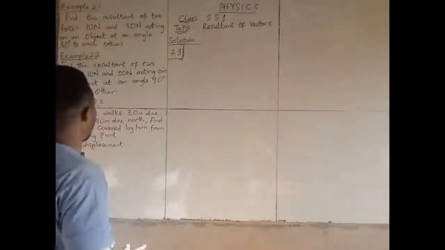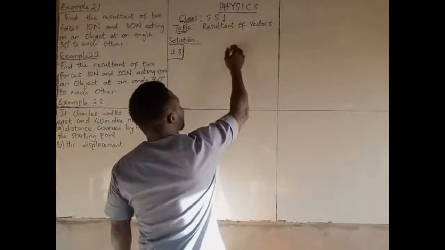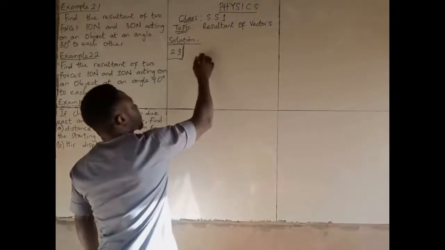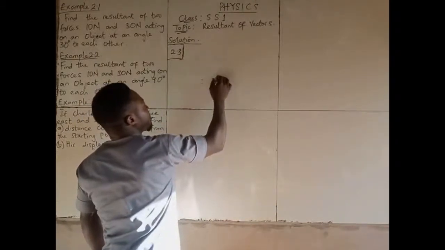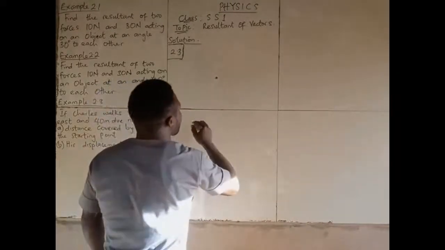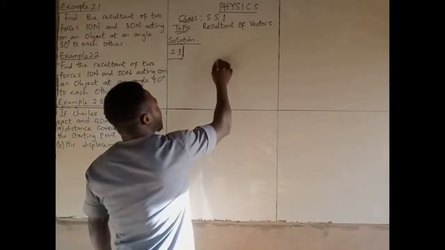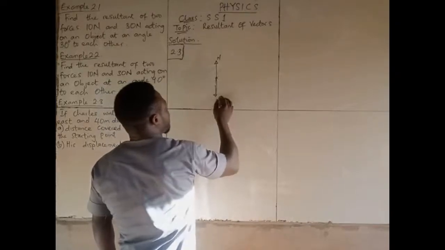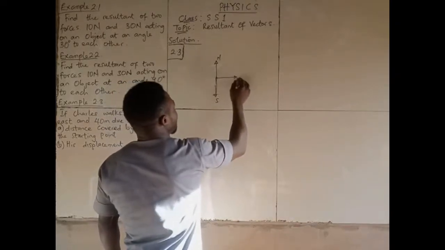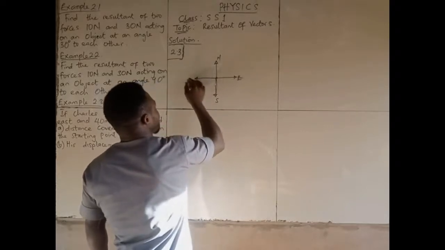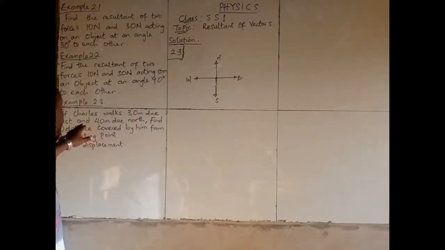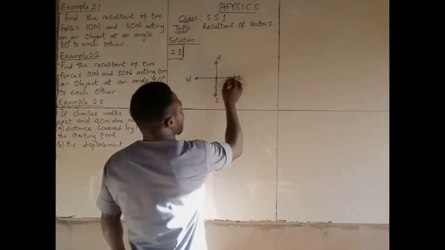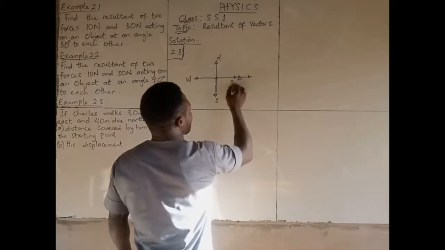Let's see the diagram. We should remember our four cardinal points: north, south, east and west. If this is the initial position of Charles, it has north, south, east and west. Now they say this guy moved 30 meters due east.